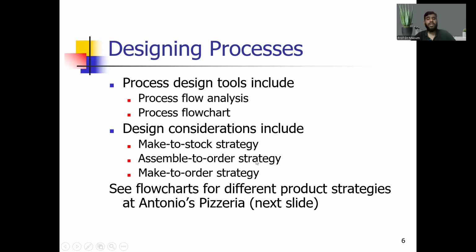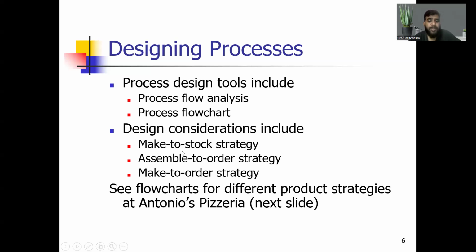Then assemble to order strategy. That means all the components you will make ready, and when they place the order, you will deliver the product. Say for example, if you go to the Apple Store to buy a MacBook, then they apply both strategies.